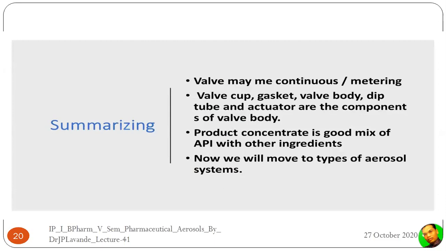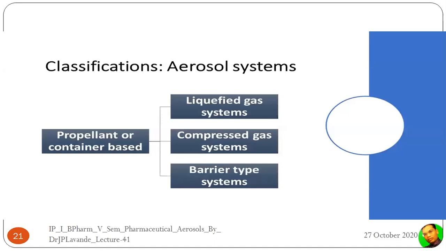Then there are different components of the valve: the valve cup, gasket, valve body, dip tube, actuator. There is a product concentrate, which is a good mix of API with the other ingredients. And now we will move to the different types of aerosol systems.